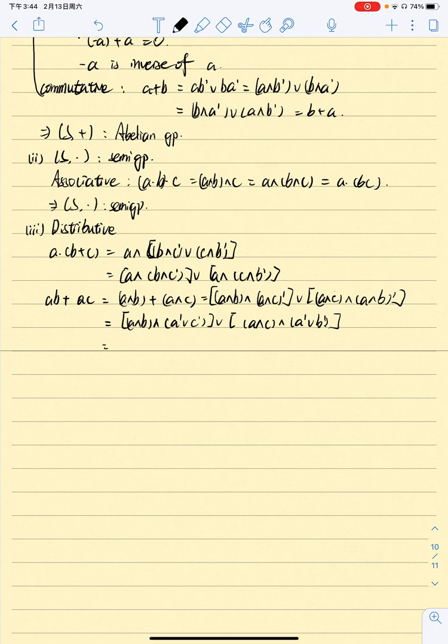Okay, let's distribute it. A and B and A prime, or A and B and C prime, or A and C and A prime, or A and C and B prime.